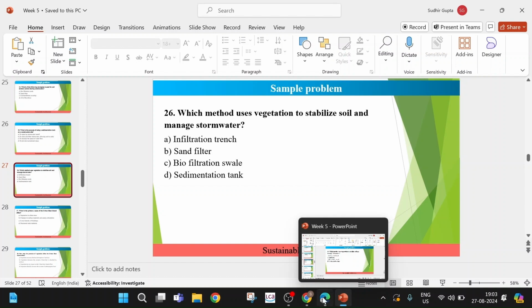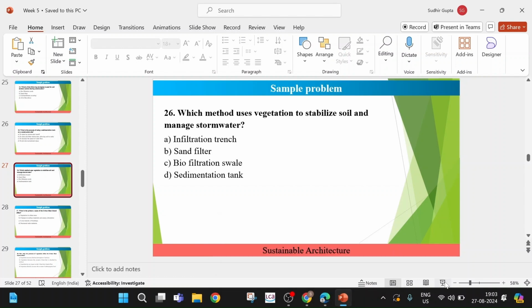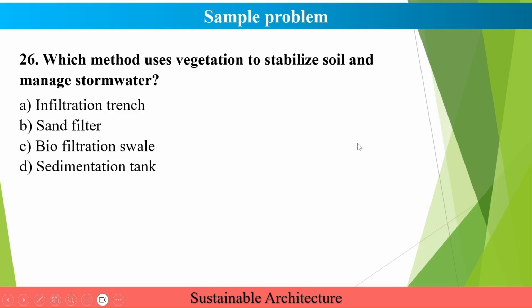So just now we have discussed this vegetation part. So for this question number 26, whoever has mentioned option C is absolutely correct, and I think most of you or all of you have mentioned the right answer. This is biofiltration soil. It uses vegetation to stabilize soil and manage stormwater. So can we move to the next question?